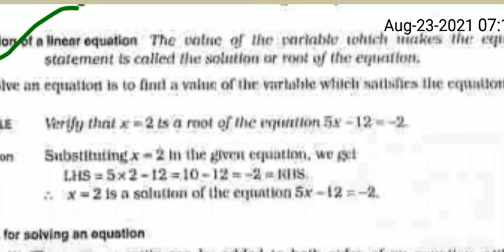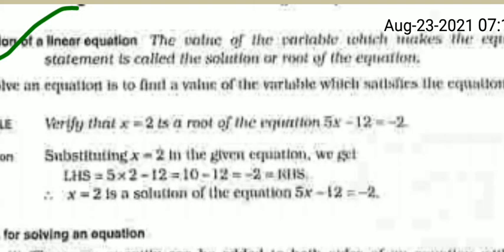Look at example 1. Verify that x equal to 2 is a root of the equation 5x minus 12 equal to minus 2. So you have to verify whether x equal to 2 satisfies the equation 5x minus 12 equal to minus 2 or not. For that, we have to find the LHS and RHS and check whether LHS is equal to RHS.